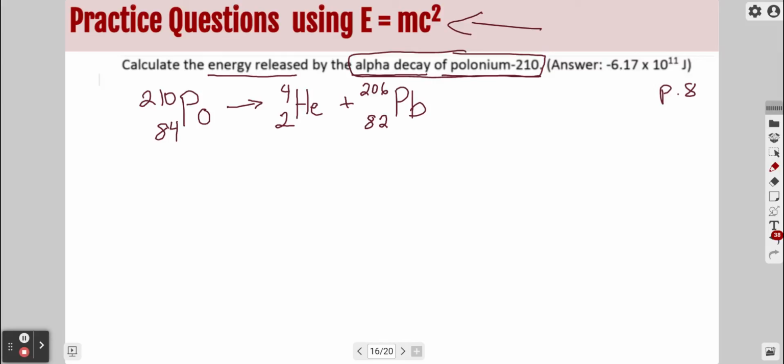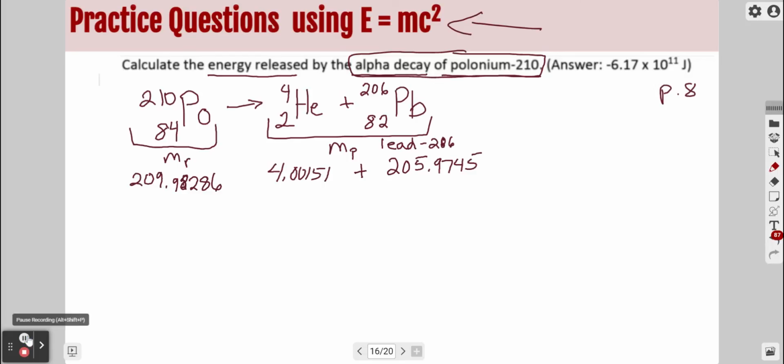Now let's see how much energy or mass is lost in this process. We're going to find the mass of the products, and then we'll subtract the mass of the reactants. Let's look them up. These are all looked up in our chart on page 8 again. So look them all up and see if you get them right. We've got lead-206 with its mass from the chart, helium or alpha particle with its mass, and the polonium-210 with its mass.